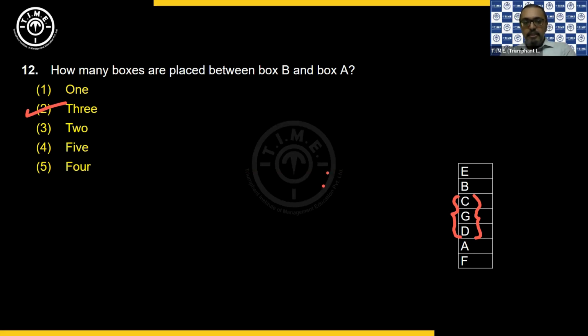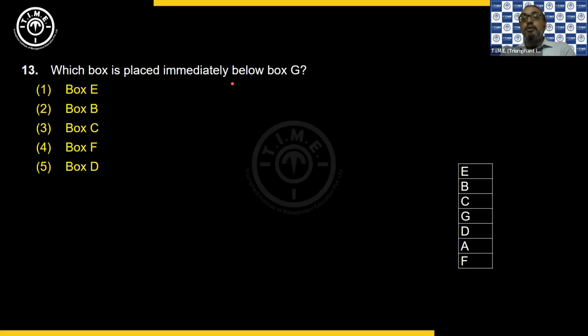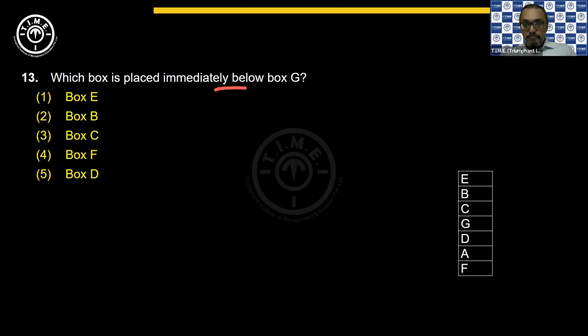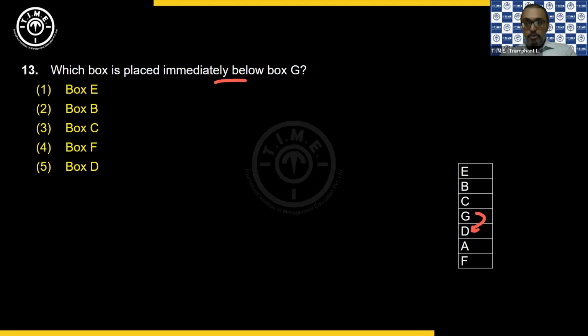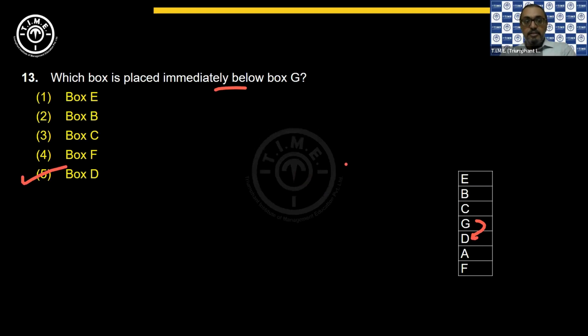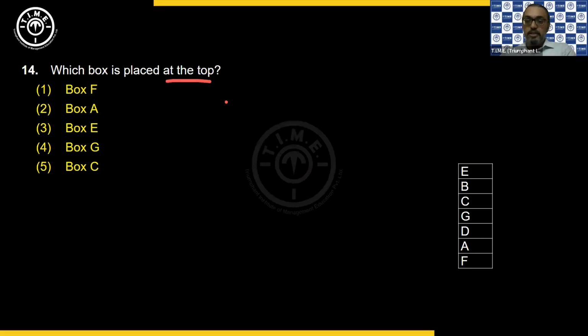Okay. Then which box is immediately below G? Correct. Immediately below G is option 5. Very good. It is D. That is correct. All of you are right. Excellent. Then which box is placed at the top?